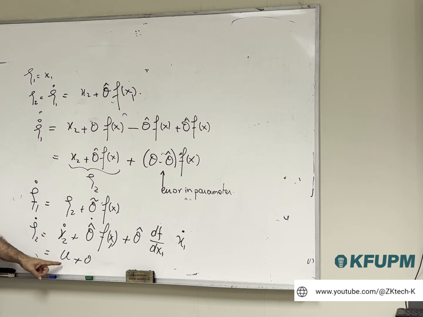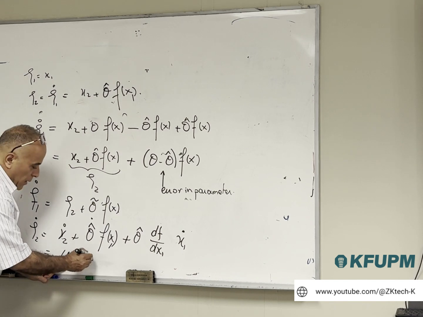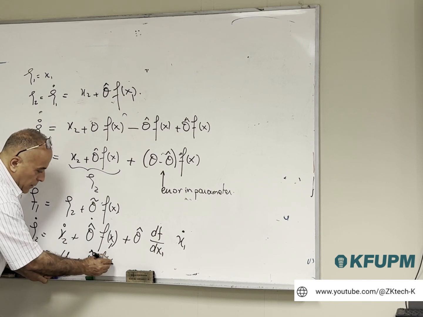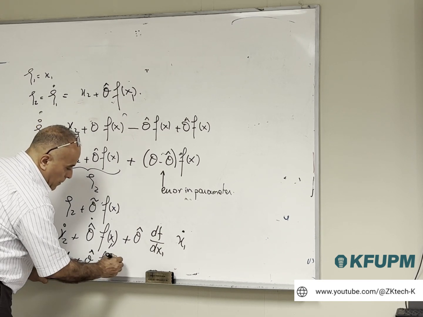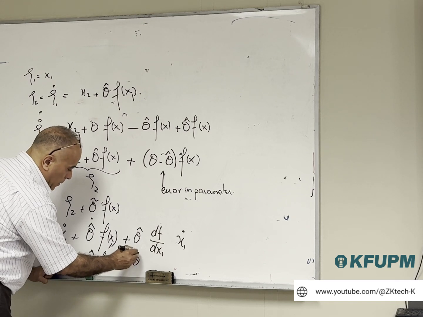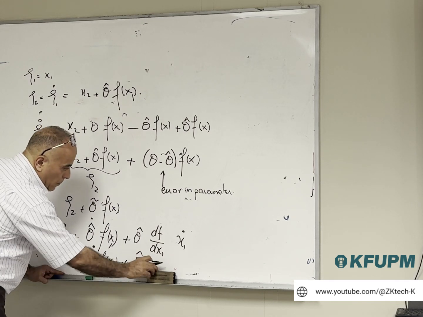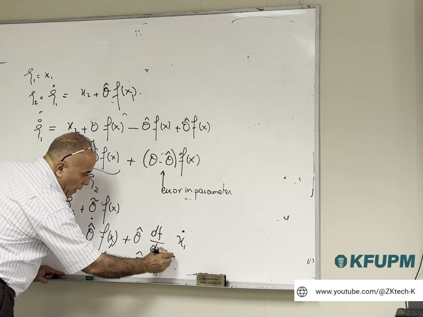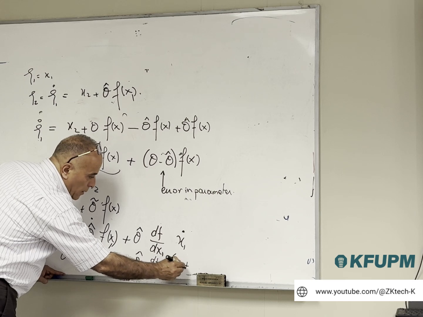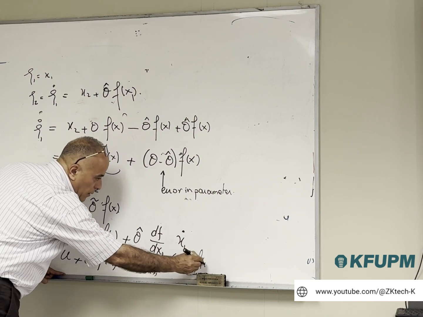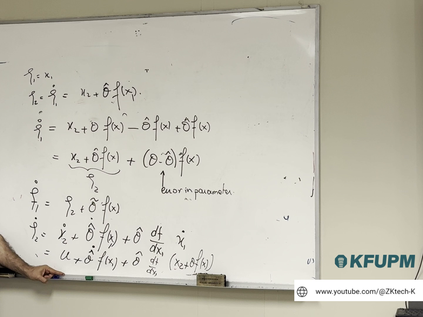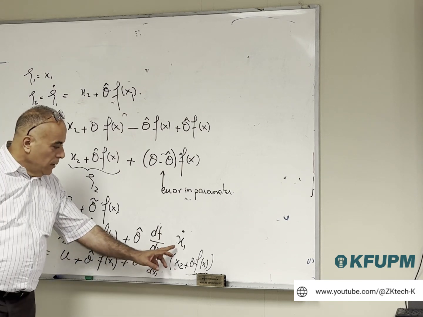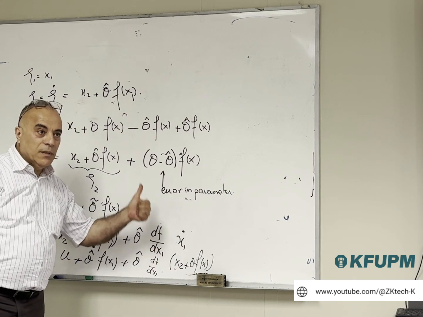So this x2 prime will be replaced by u. This will be theta hat prime multiplied by f of x1 plus theta hat multiplied by the derivative of f with respect to x1 multiplied by x2 plus theta f of x, not theta hat. You agree with that? That is theta, not theta hat, because this x1 prime is coming from the system.